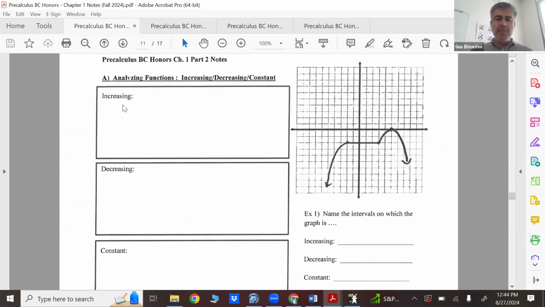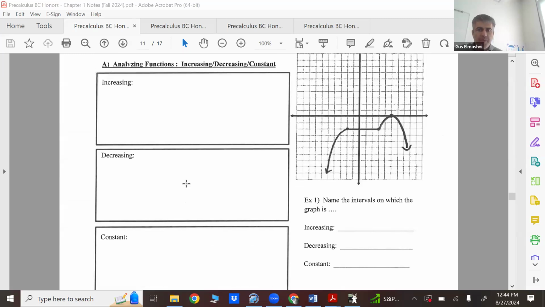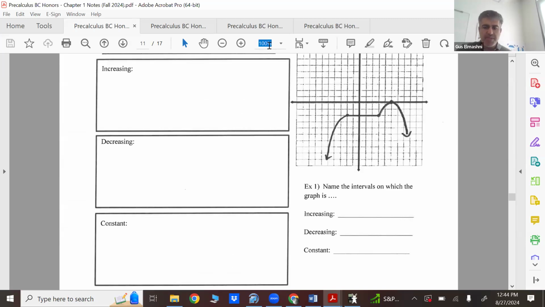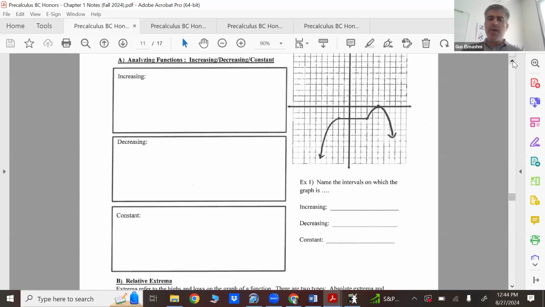Let's spend more time on this stuff here, analyzing functions. I care more about this. Let me resize this. Okay, here we go. So let's talk about increasing, decreasing, and constant portions of a graph.